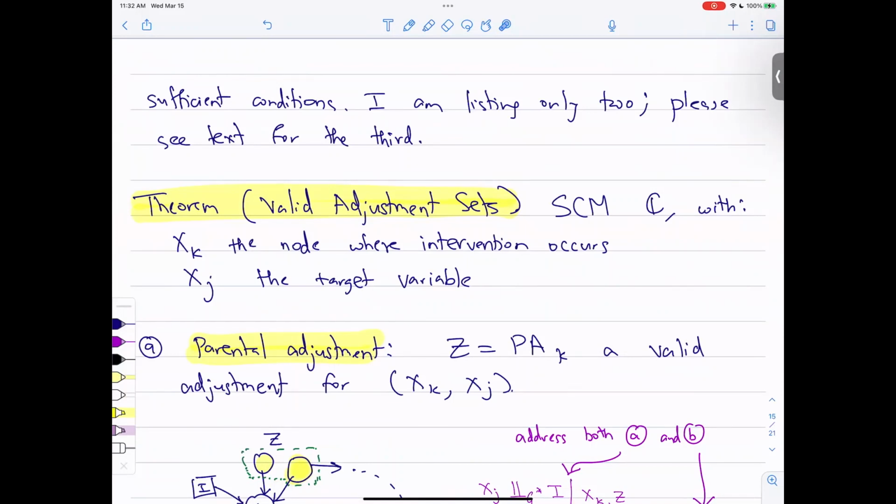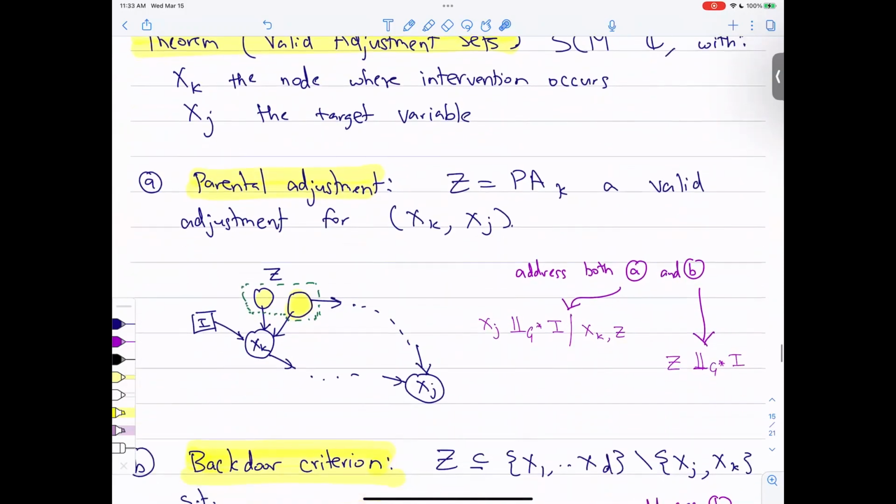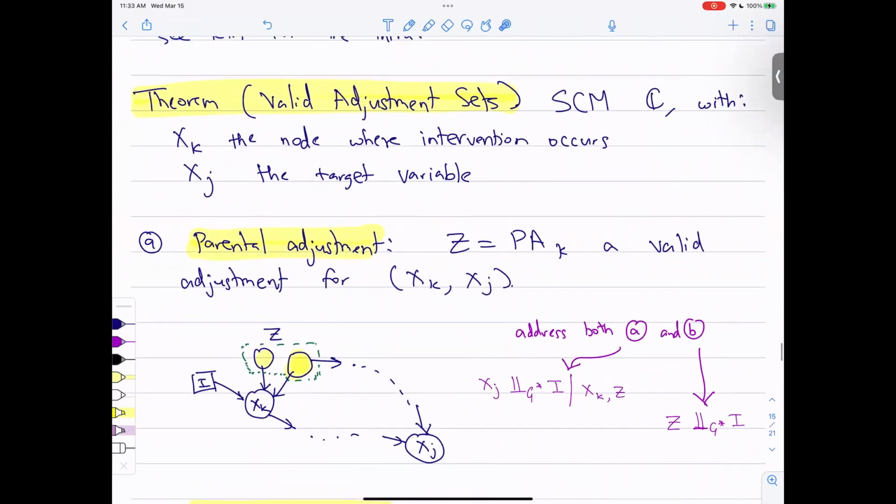There are other ones as well, which I'll let you read about for finding other adjustment sets. The setting is the following. I have a node on which I'm performing interventions. I have a target somewhere downstream that I want to measure in the new world.